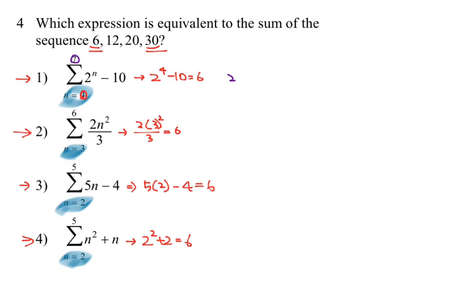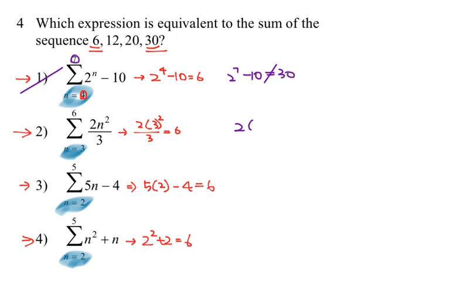Now, when I plug in the upper value, I should end up getting the last number, which is 30. So for the first one, when I plug in 7, I should end up getting 30. So 2 to the 7th power minus 10. In fact, it's not equal to 30, because 2 to the 7th power is 128, minus 10 is not equal to 30.